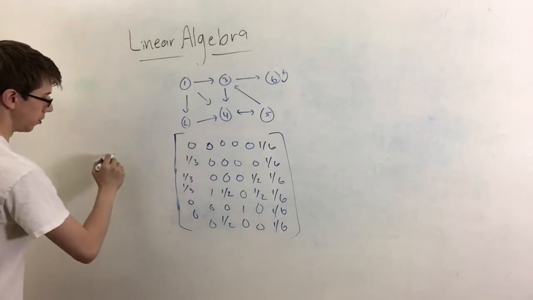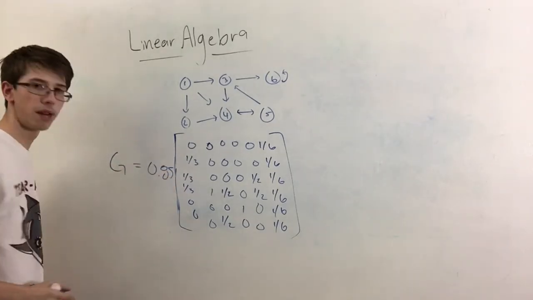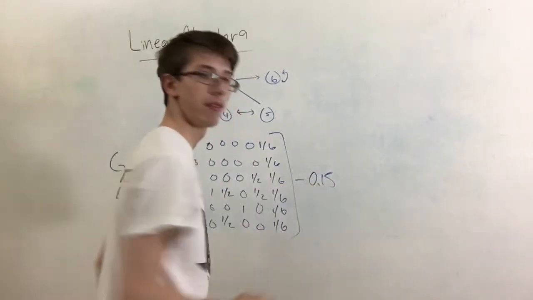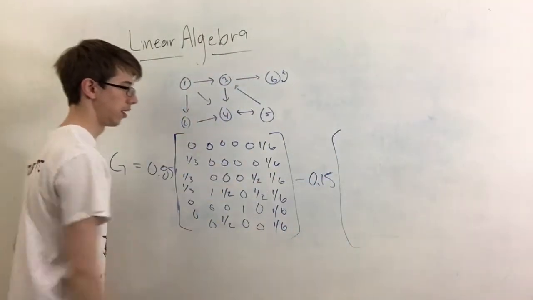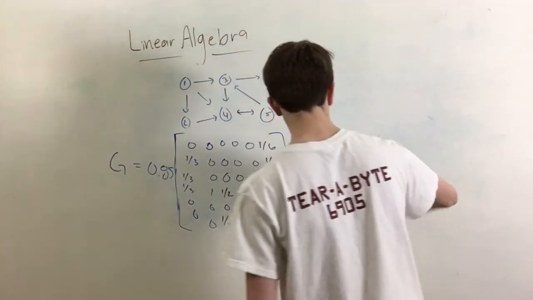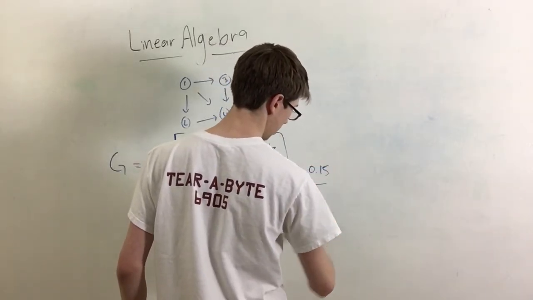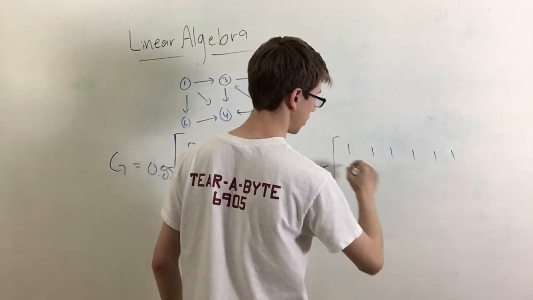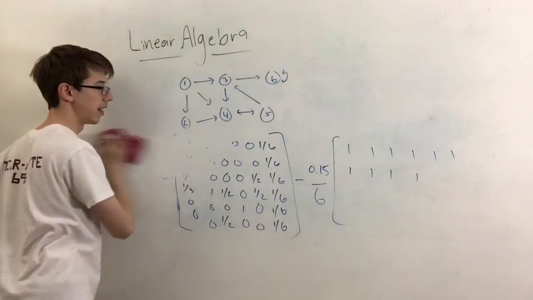Then what happens is that we have G equal to that damping factor, 0.85, times the K matrix, plus 1 minus the damping factor, so that's 0.15, times 1/6, so you get 0.15 over 6, and then we just multiply that by a 6 by 6 matrix with all ones. And so that's how you create a Google PageRank.